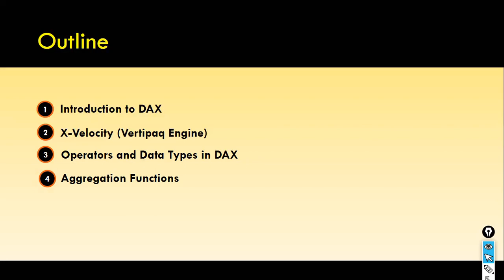Additionally, if time permits, we'll explore the different data types supported by DAX, such as numeric, text, and Boolean. So let's dive in and explore the world of DAX together.